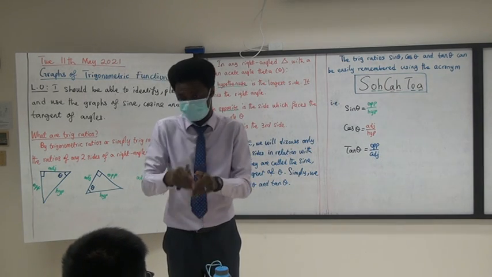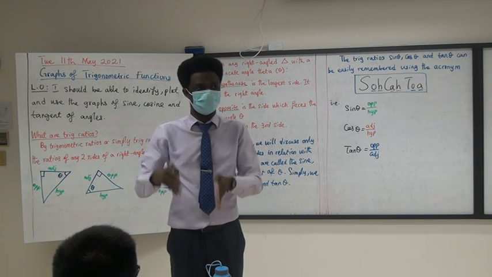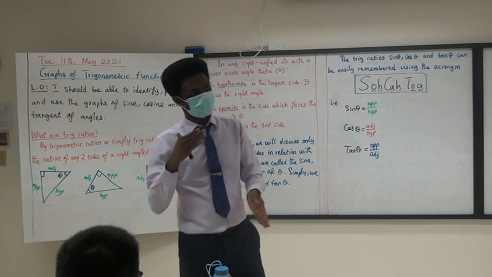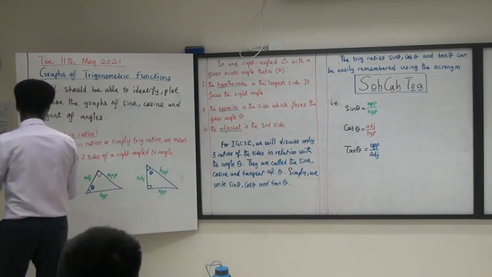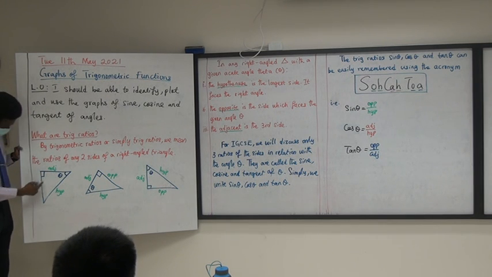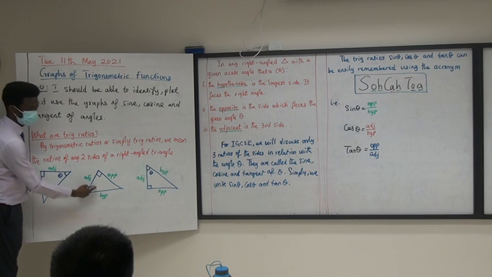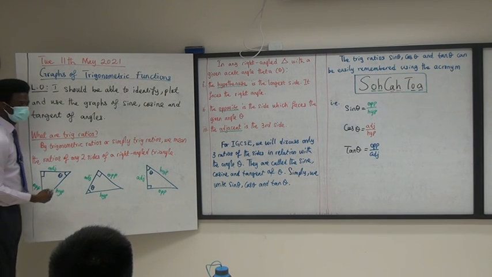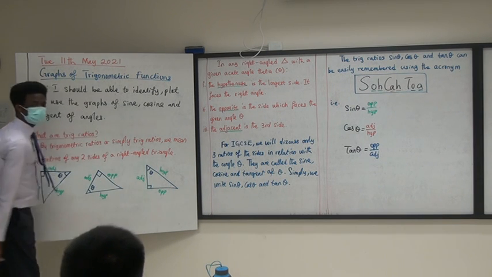So there will be an angle of reference, and it's always less than 90. Any side that is facing that angle of reference is your opposite. So in this case, our angle of reference is theta. Then this becomes our opposite. Our angle of reference is theta here. Then this side becomes the opposite.